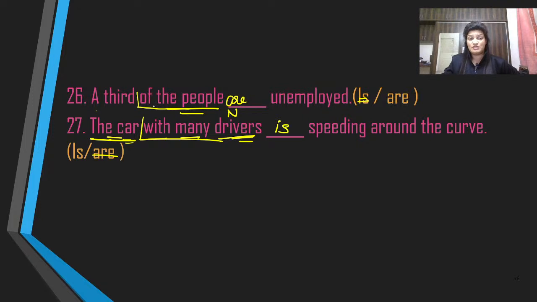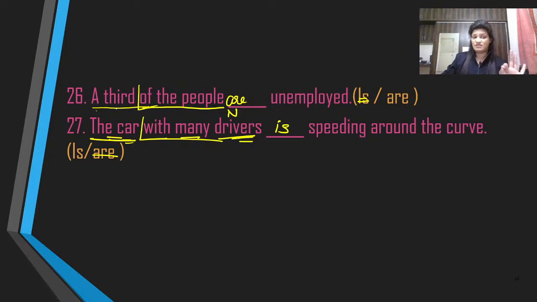But if you take a look at the 26th question, it's the same kind of question with a prepositional phrase, but then you do not ignore it; in fact, you take only that prepositional phrase into consideration. That is, when you have a statement beginning with a third of, a lot of, plenty of, a majority of, you take the prepositional phrase into consideration.